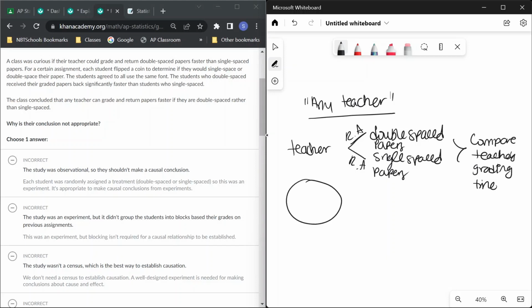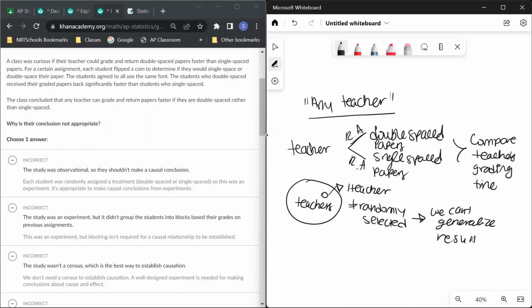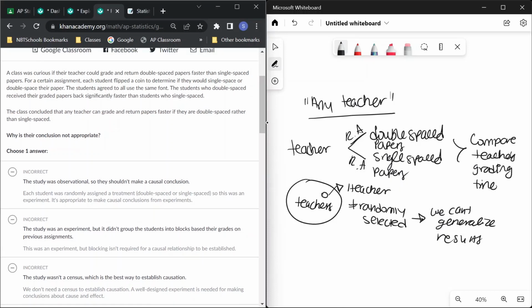So you would have a population of teachers, but since you only took one teacher and it wasn't randomly selected, we can't generalize the results to any teacher.